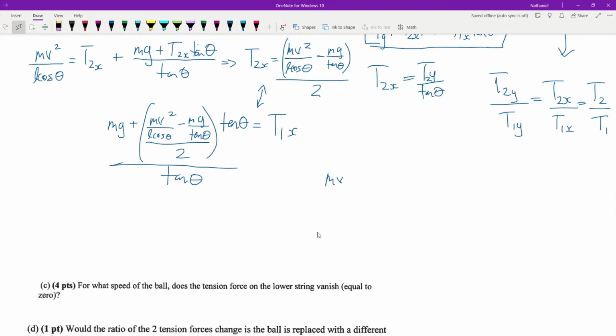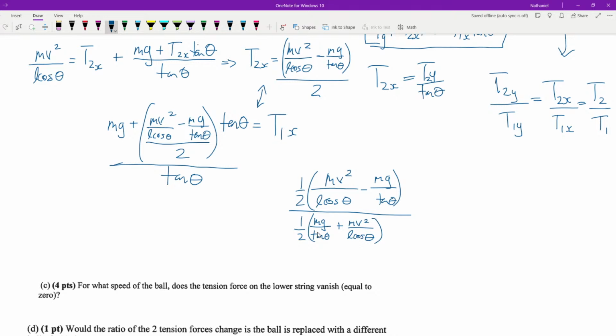So mv squared over L cos theta minus mg tan theta, that over 2, all over mg tan theta. Okay, interesting.